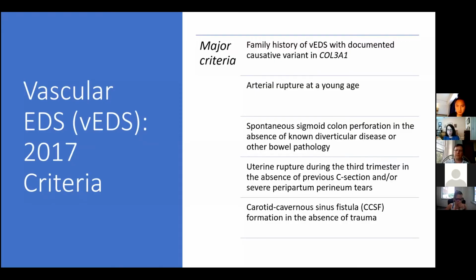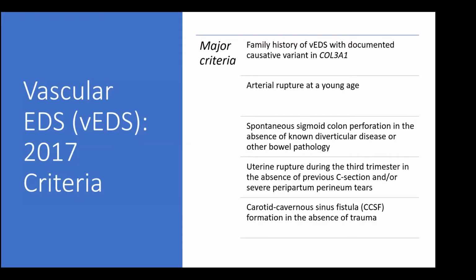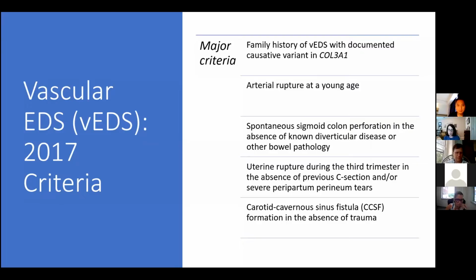Spontaneous sigmoid colon perforation in the absence of known diverticular disease or other bowel pathology. Uterine rupture during the 3rd trimester in the absence of a previous C-section, with or without severe peripartum perineum tears. And then finally, a carotid cavernous sinus fistula formation in the absence of trauma.